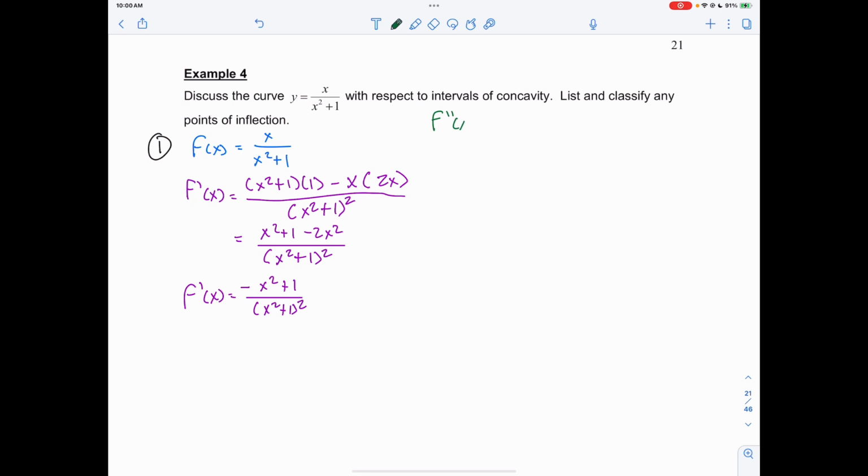The second derivative is going to give me x squared plus 1 squared times the derivative of the top, which is negative 2x, minus the top, negative x squared plus 1, and I need to use the chain rule now to do the derivative of the bottom, which is going to give me 2 times x squared plus 1 to the power of 1, and then the derivative of the inner, which is just going to give me 2x, all over x squared plus 1 squared, and then I have to square it again.